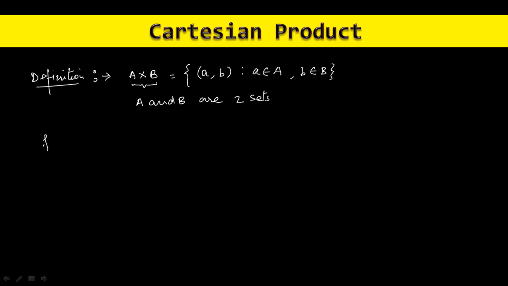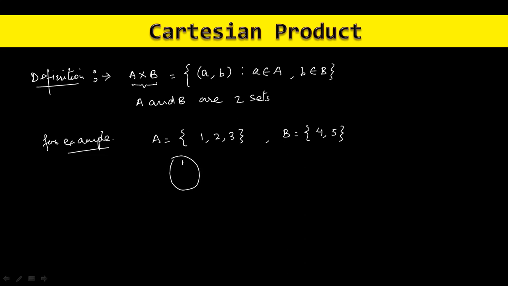For example, if I am writing set A as 1, 2 and 3 and set B as 4 and 5, I can represent these sets like this: 1, 2, 3 and second is 4 and 5.